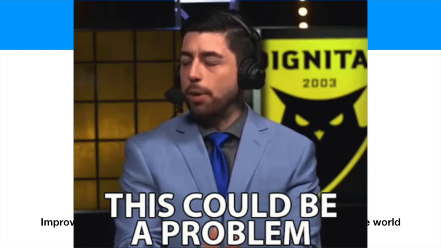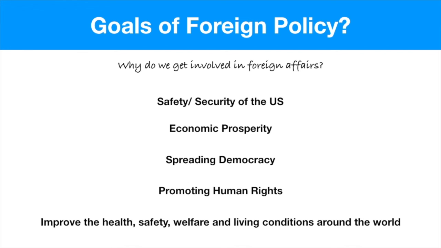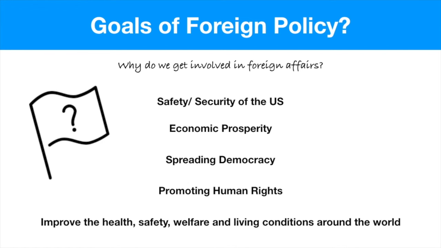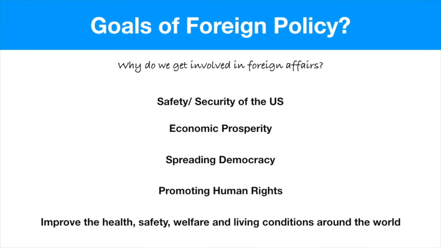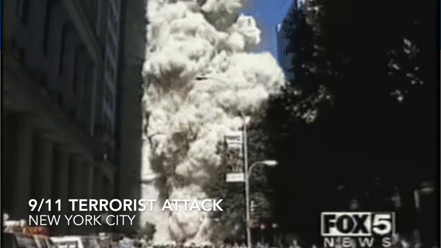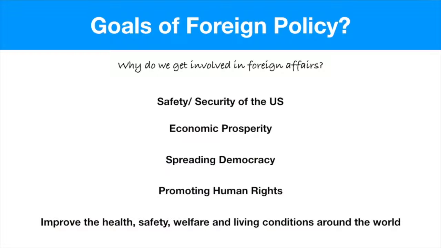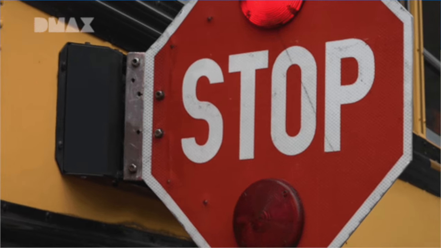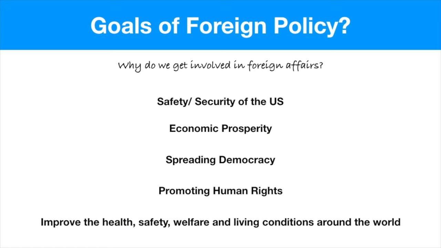Well, this could be a problem for the United States. If this mystery nation is continuing to harbor these terrorists that could attack people in the United States, it might be a goal of United States foreign policy to get involved in that nation and say, hey, we don't support this because it could be a danger to us in the future.